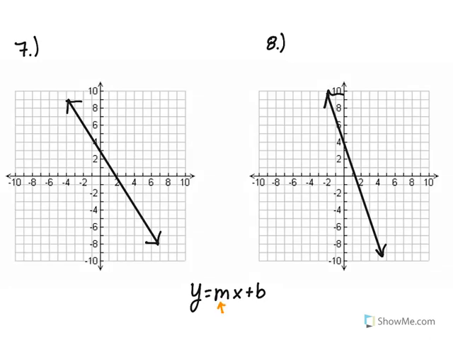Remember that m is our slope, and b is our y-intercept. We also want to make sure that our slope is rise, or change in y, over run, which is change in x. So we're going to fill those things in. So we kind of need a general template here. We're going to have y equals something times x plus something. So we need to figure out what those are.